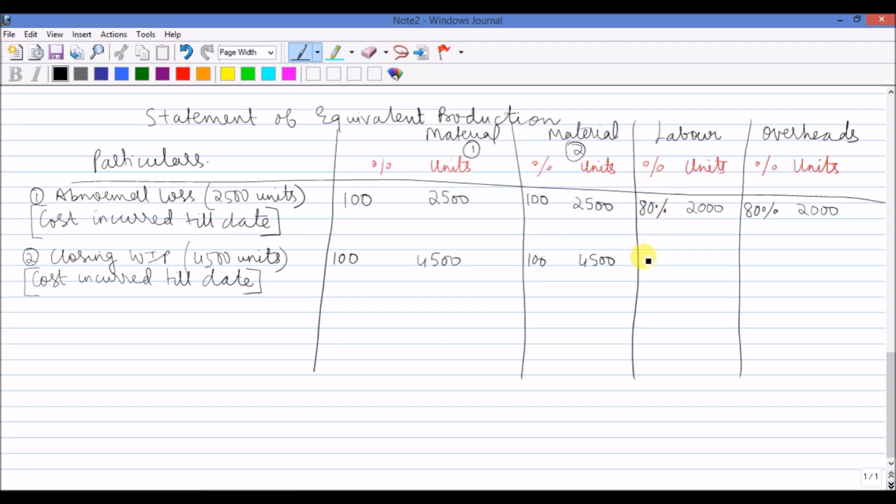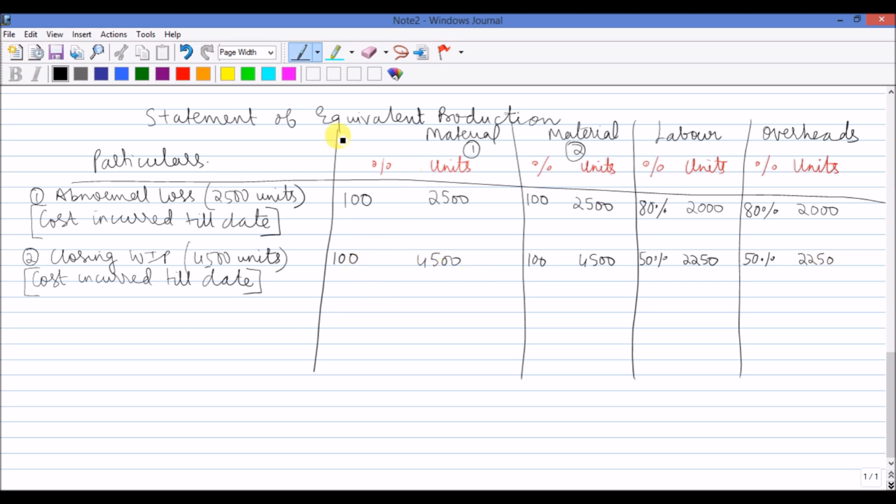And then let's see. The labor and overheads are 50%. So labor has worked 50% and overheads also have worked 50%. So what we are going to do is 4500 at 50%, which is 2250 units, and 2250 units.